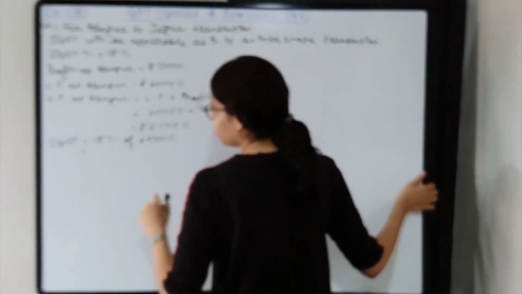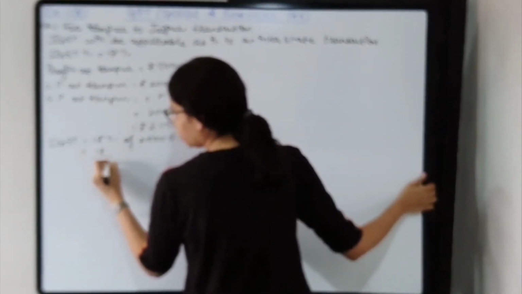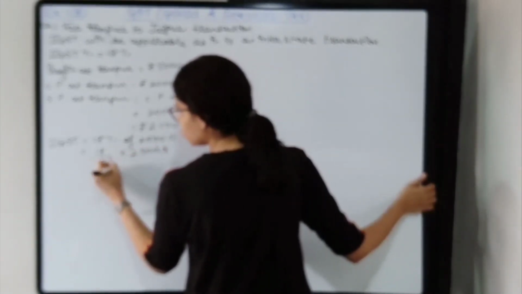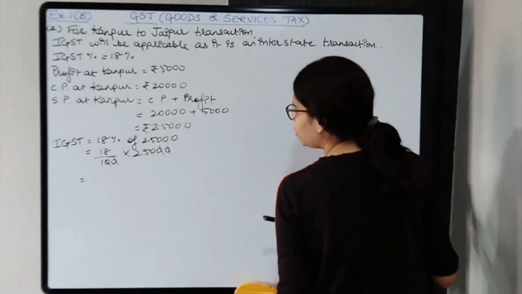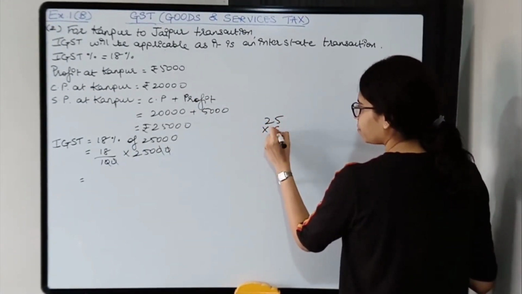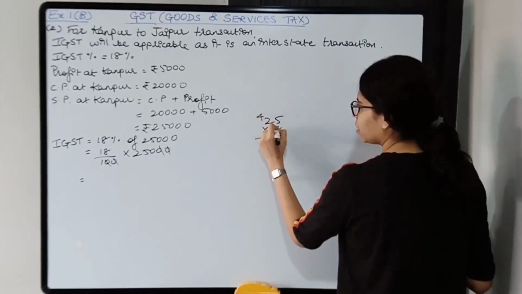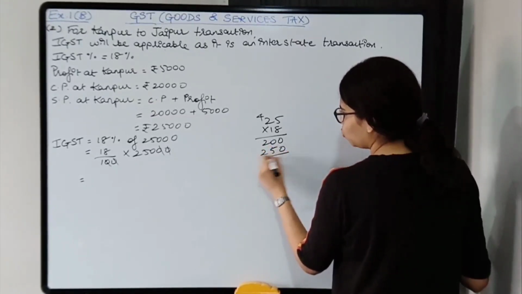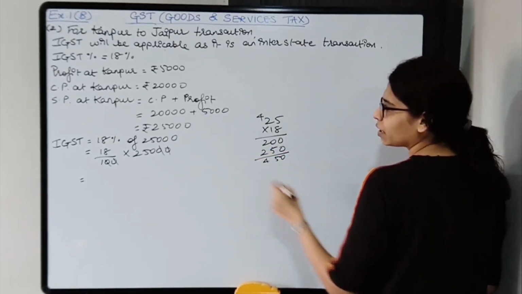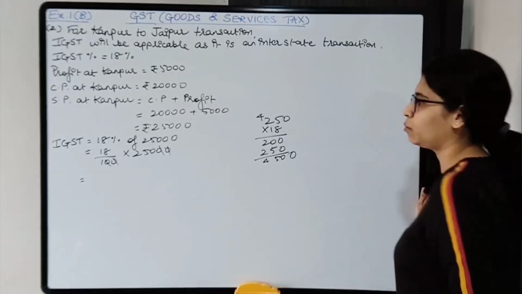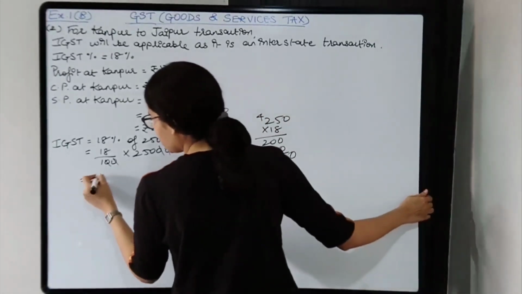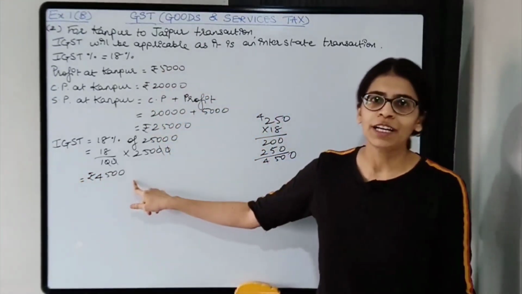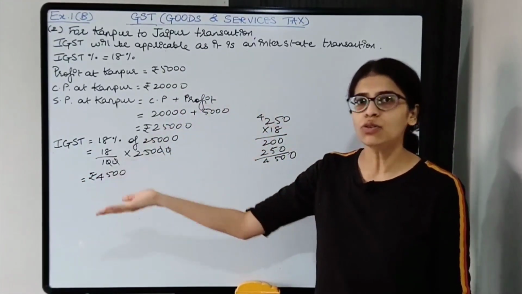Kanpur is selling for 25,000. 18 upon 100 हो जाएगा, of means into 25,000. 0 0 0 0 gets cancelled. 18 into 25. 8 5s are 40, 8 2s are 16 plus 4, 20 and your 5 2, so 450 हो गया. Okay, and it was 250, so we'll put one more 0. So 4,500 rupees is the GST received by Kanpur dealer because he is selling it to Jaipur.